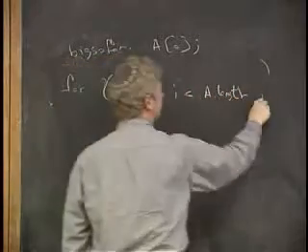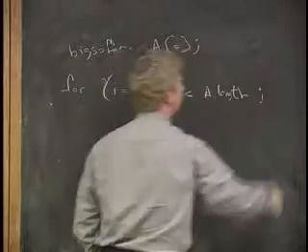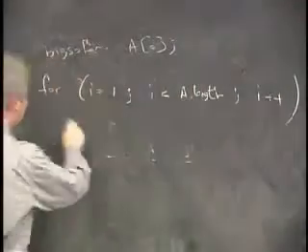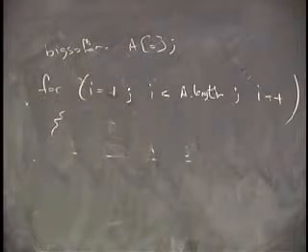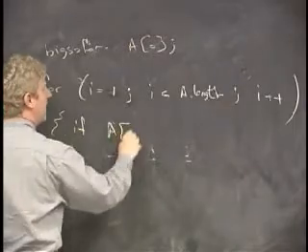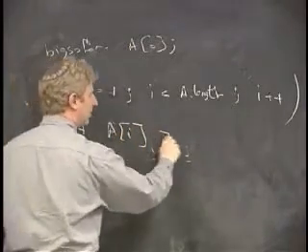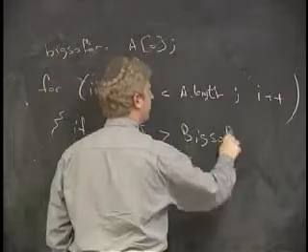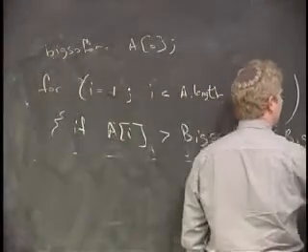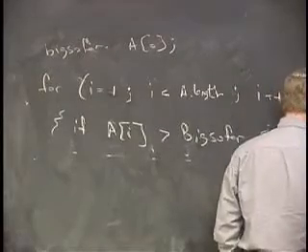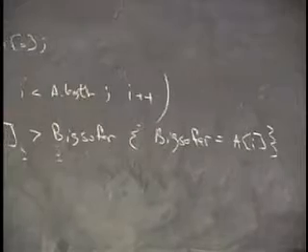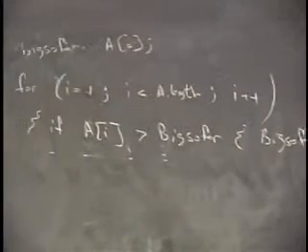Pseudo C Java. Increment i. Do: if a[i] is greater than big so far. Okay, it's too easy, huh? That's it, huh? And then when you're all done, you return big so far.